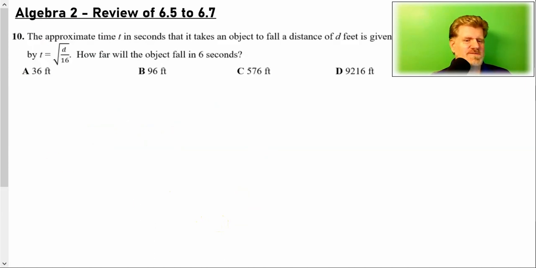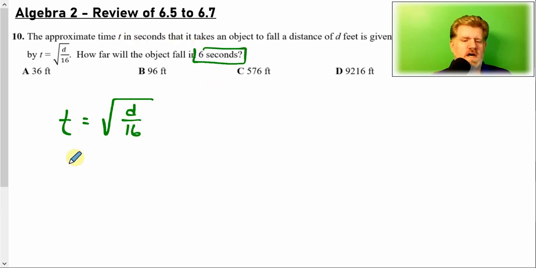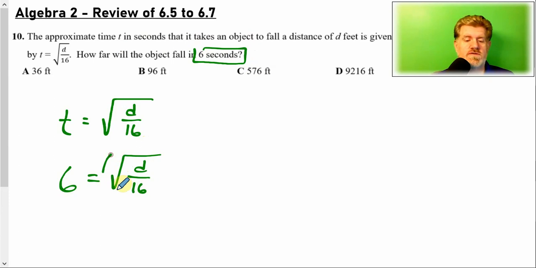All right. Number 10. Oh, another formula. What are we given here? 6 seconds, so we're given time. We're given this now. Okay, well, it's a root. So what's the opposite of a square root?